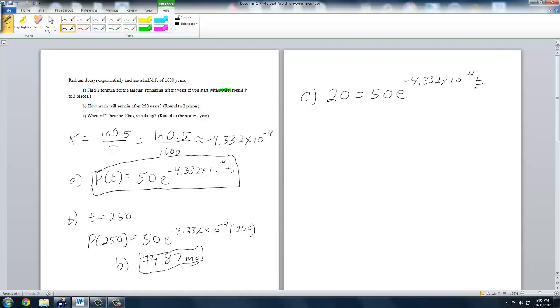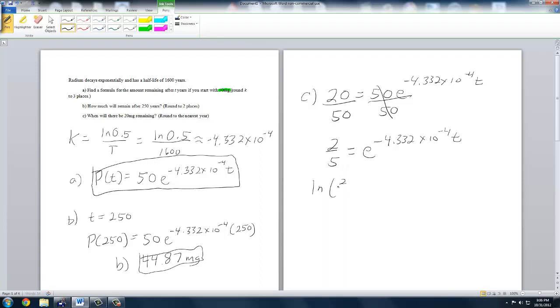Now anytime you have to solve for an exponential, the first thing you have to do is get rid of this coefficient right here. So 20/50ths is just basically 2/5, or 0.4. You can put that as well. Equals e to the negative 4.332 times 10 to the negative fourth t.